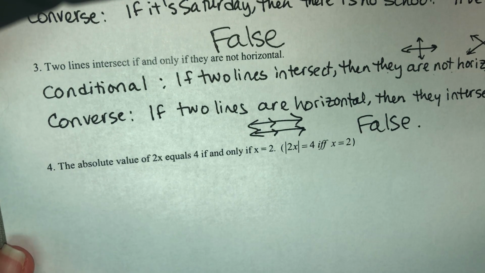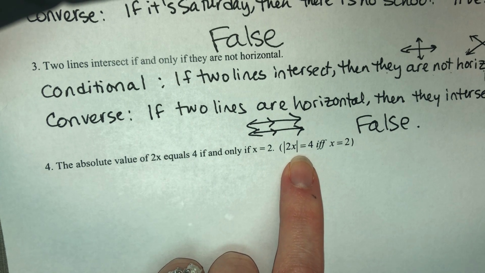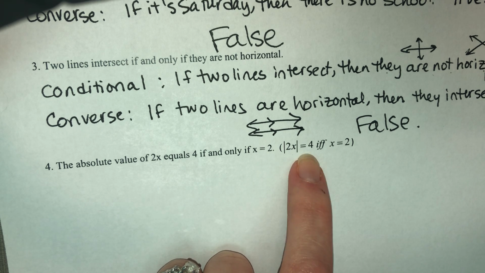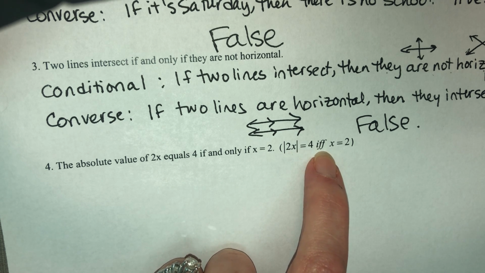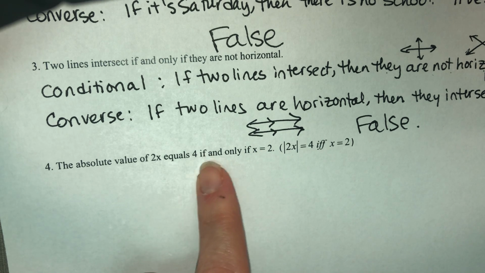Number 4. Last one. The absolute value of 2x equals 4 if and only if x equals 2. And notice in the parentheses, they've also written this out with math symbols. So the absolute value of 2x is equal to 4 IFF. That IFF is actually read as if and only if.